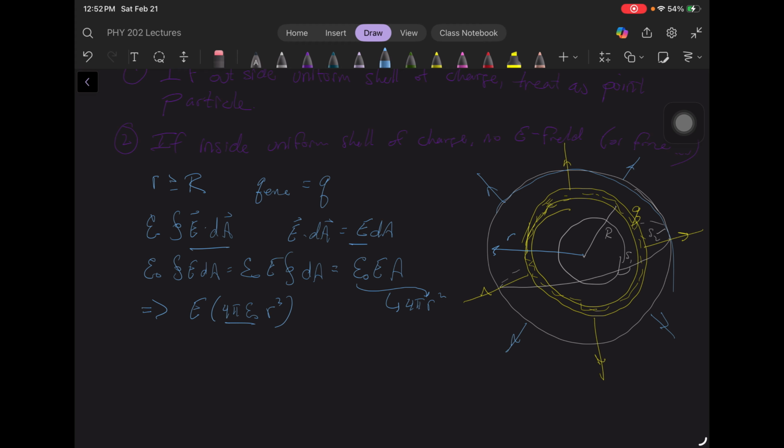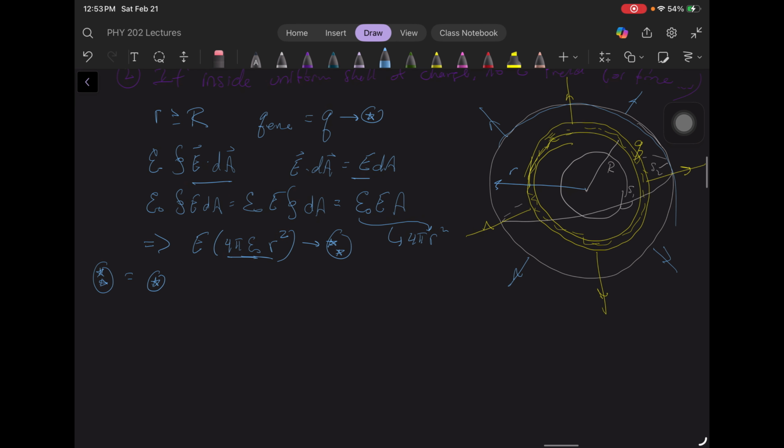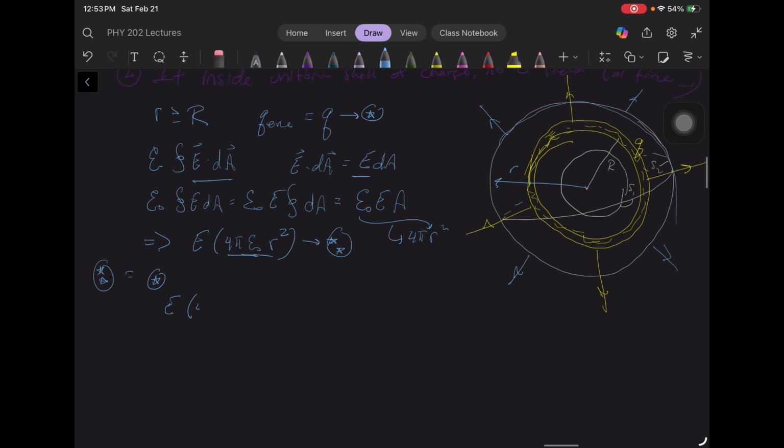And so when we have 4 pi epsilon naught r squared, that looks like a 3 almost. That's where that keeps coming from. Cool. And we'll call this star. Well, I guess this one should be star, and this will be double star. And then we just set double star equal to star. And so we have E times 4 pi epsilon naught r squared is equal to Q.